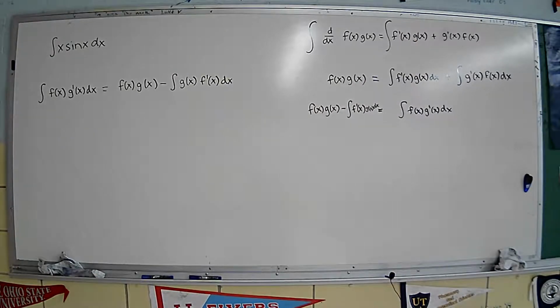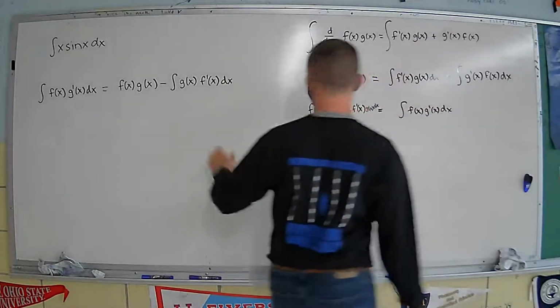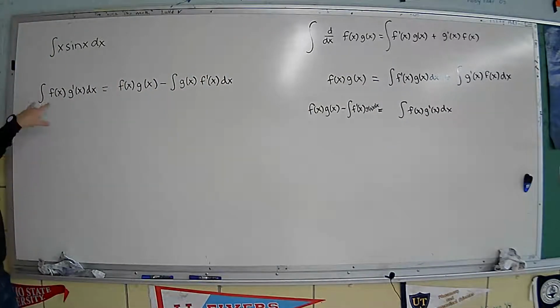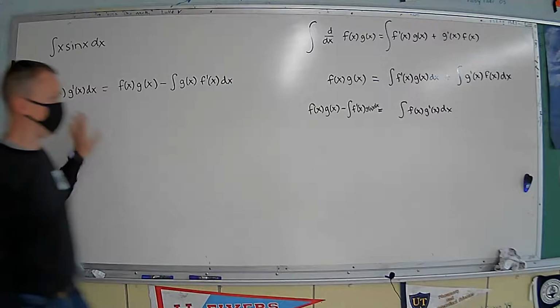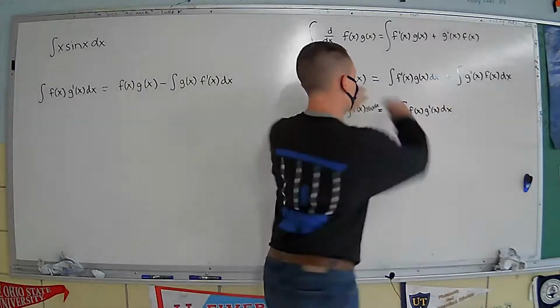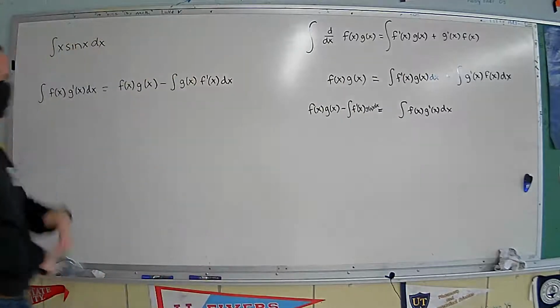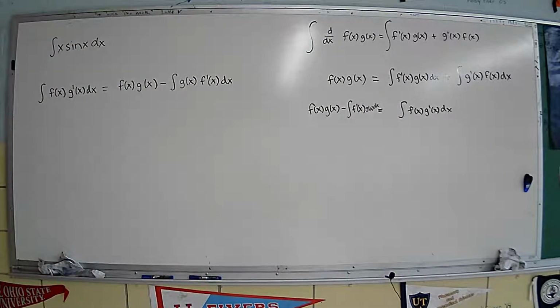Yeah, so what? How do you use this? Wait, why do you have to move the side over to the other side? Because I gave you this and I said, where does this come from? Well, this equation right here is what you get if you solve this for that, if you move that other piece to the other side.